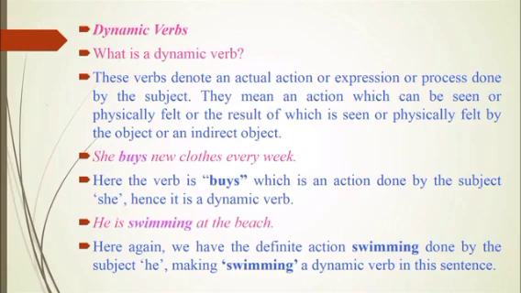Example sentences: "She buys new clothes every week." Here, the verb is buys, which is an action done by the subject she, hence it is a dynamic verb. The next example sentence is, "He is swimming at the beach."